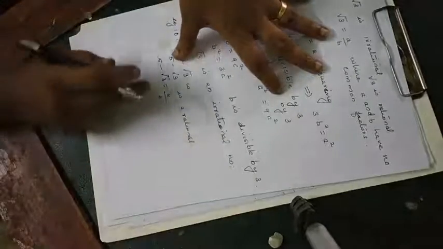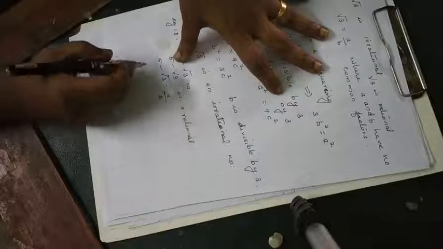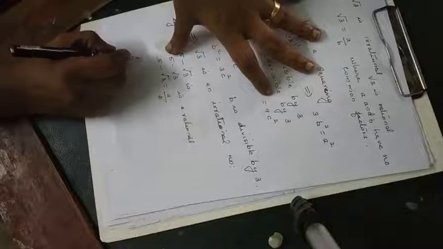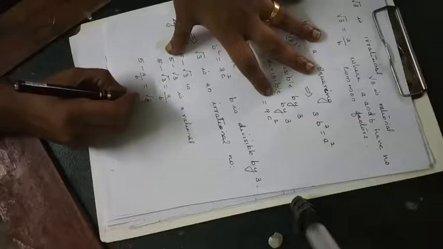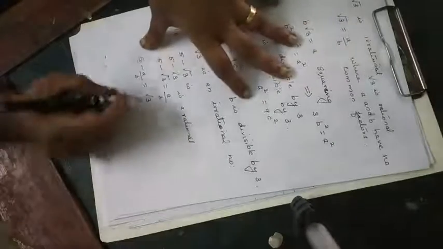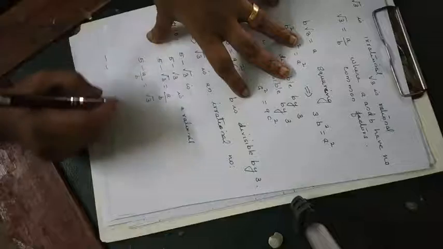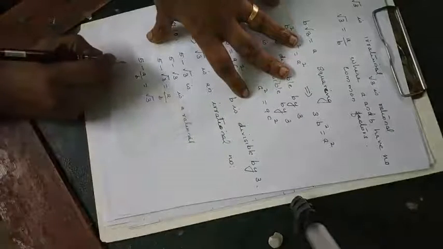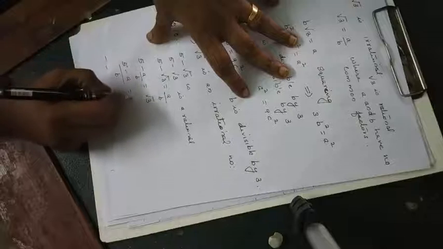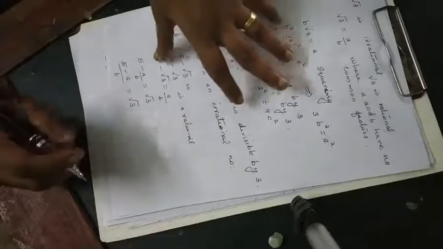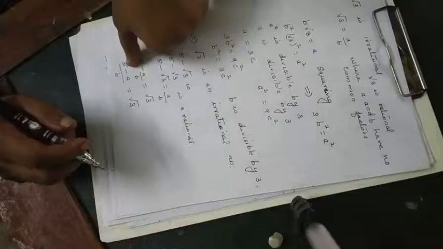Now when you are taking this one, 5 minus a by b is equal to root 3, you can write. Root 3 you have to take here, and a by b you have to take here. So when you are taking the LCM, 5 minus a by b, you are getting that is equal to root 3.